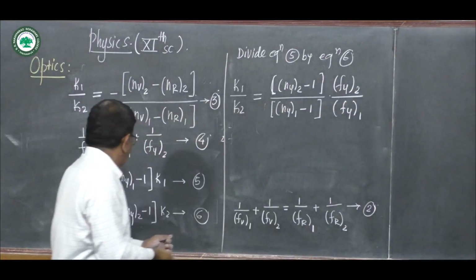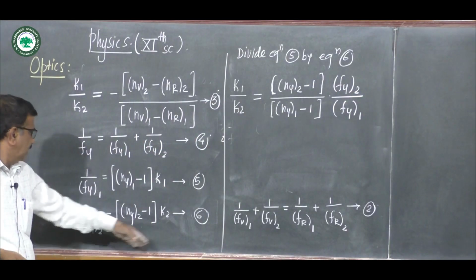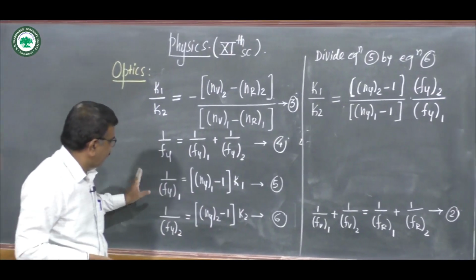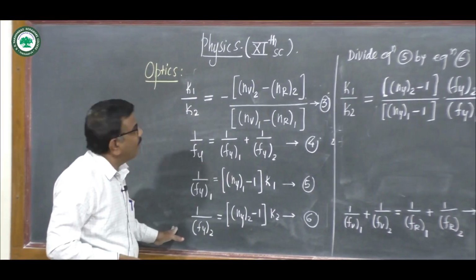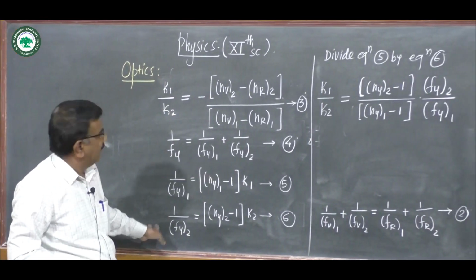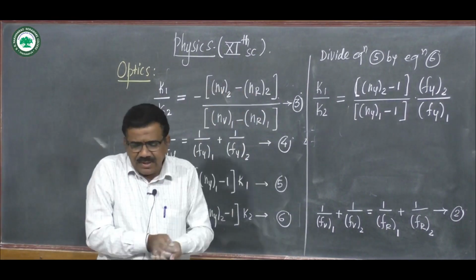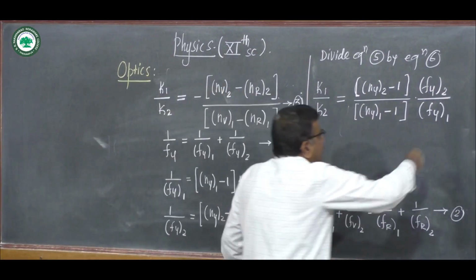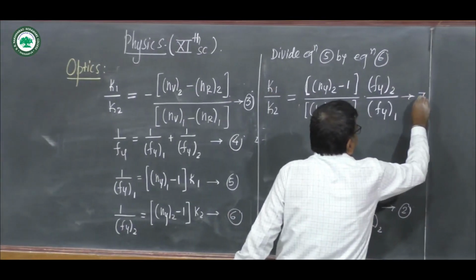By dividing these two, k1 upon k2 is equal to (ny2 minus 1) divided by (ny1 minus 1) into Fy2 upon Fy1. This is, suppose, equation 7.